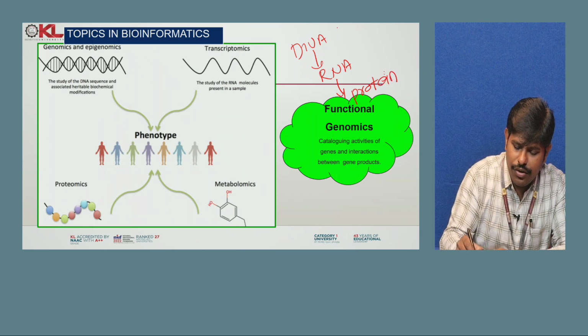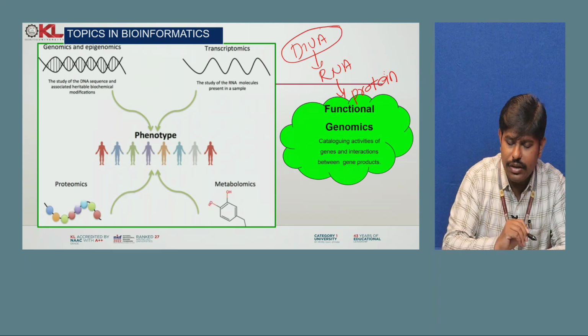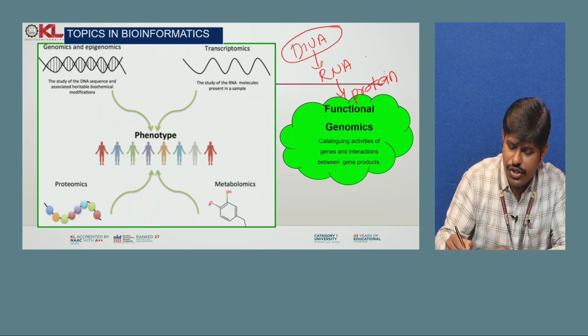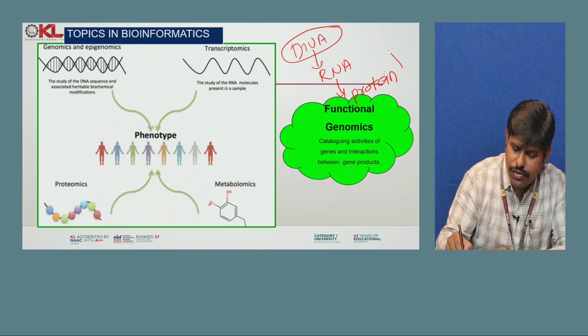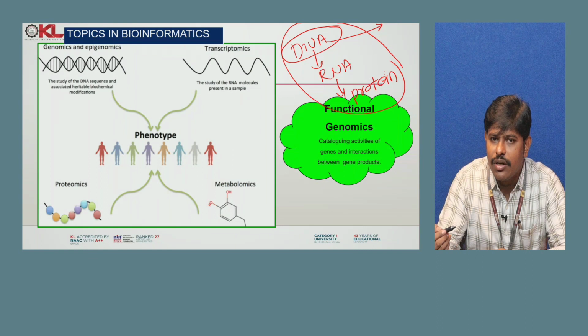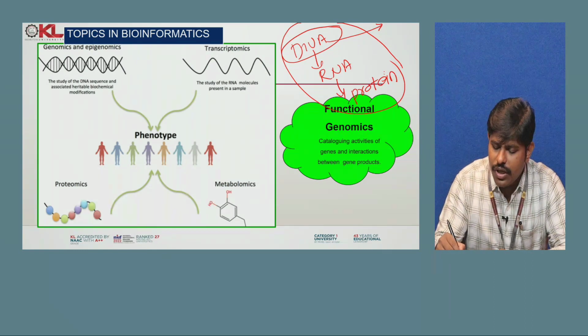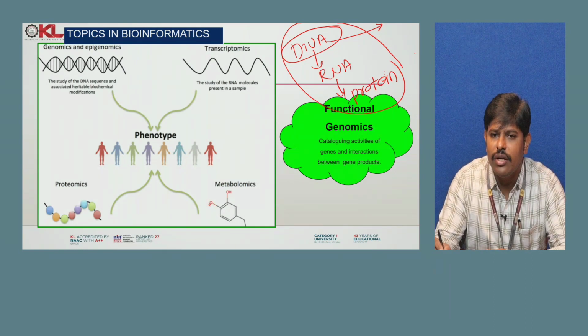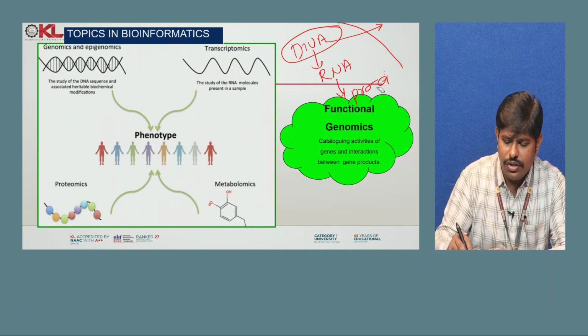So in comparative genomics, our major focus will be DNA, whereas in functional genomics our major focus will be the function of a gene, which is transcribed from the DNA to the translated protein. Understanding the overall function of a gene is called functional genomics.